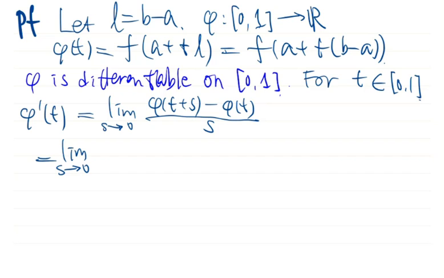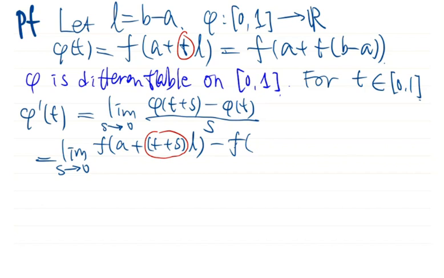Phi of t plus s is f of a plus t plus sL. The t here is replaced by t plus s by the definition of phi. Then minus phi of t is f of a plus tL, then divided by s.